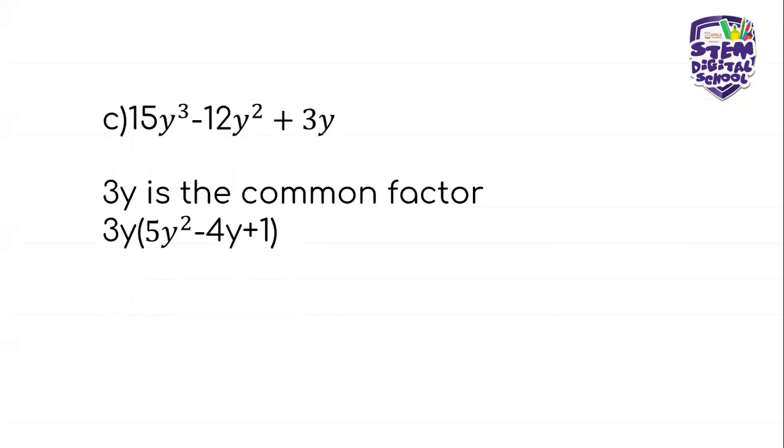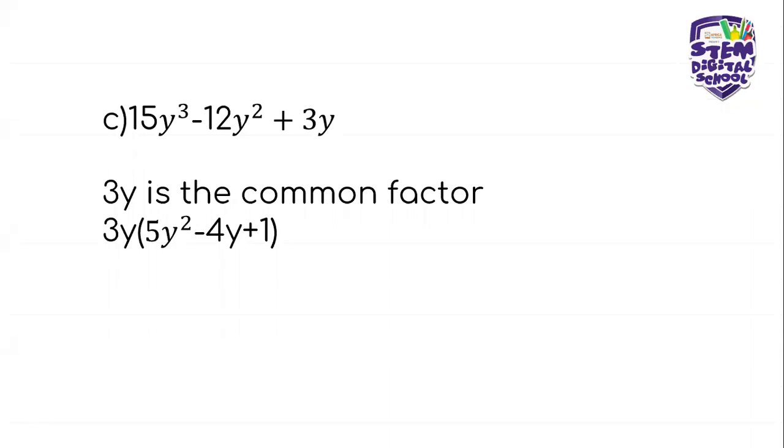Right, and then the C there, it's 15y cubed minus 12y squared plus 3y. Now, at this point, what you need to do is check that you've got 3y as the common factor. So if you take out 3y as a common factor, then you'll be left with 5y squared minus 4y plus 1.